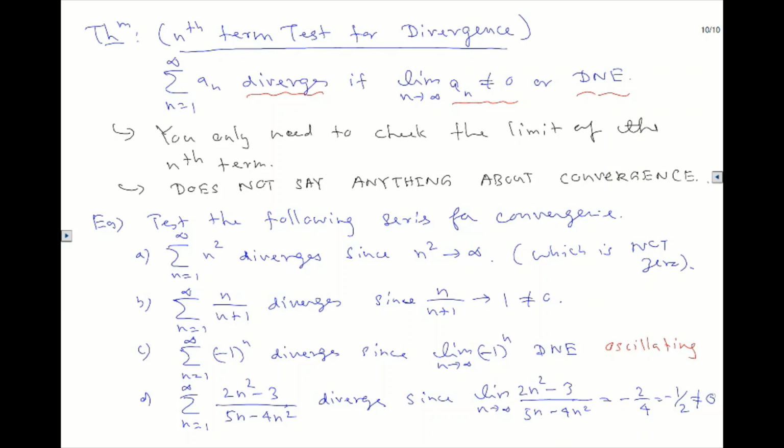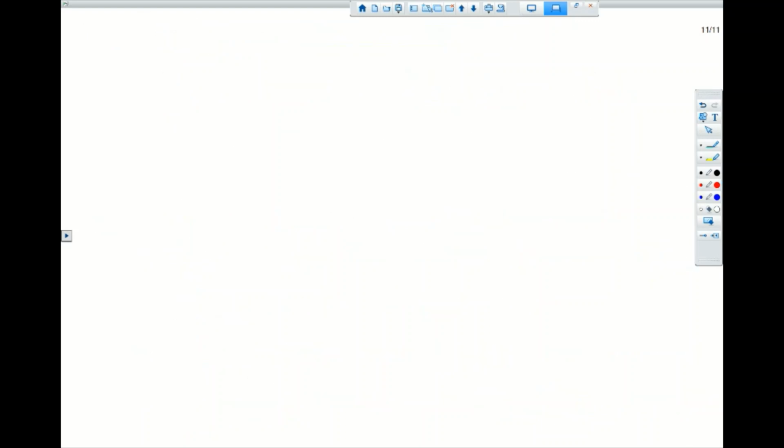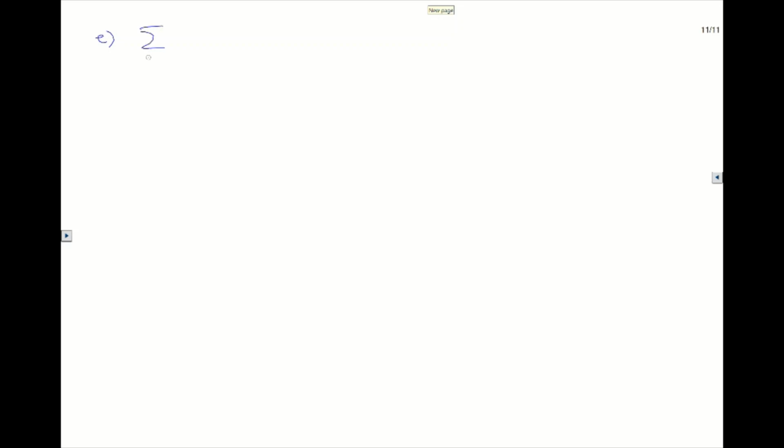Okay, what about the last example? You can see there are a lot of things to discuss. How about sigma n going from 1 to infinity of 1 over n? Does it converge or diverge? Note that 1 over n goes to 0, right?